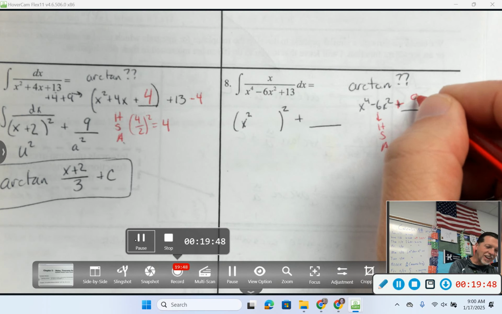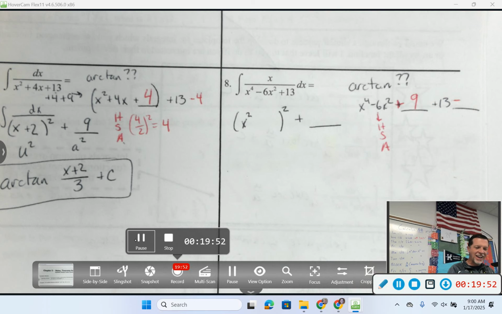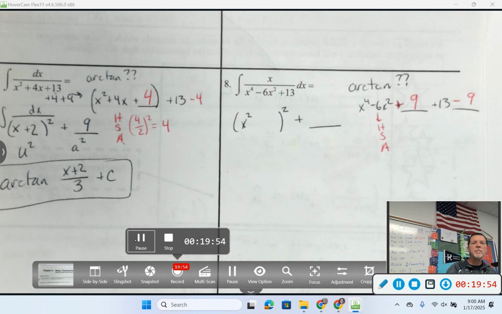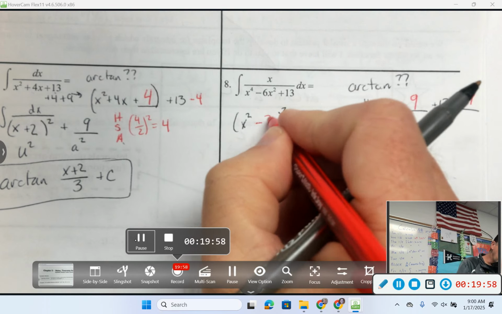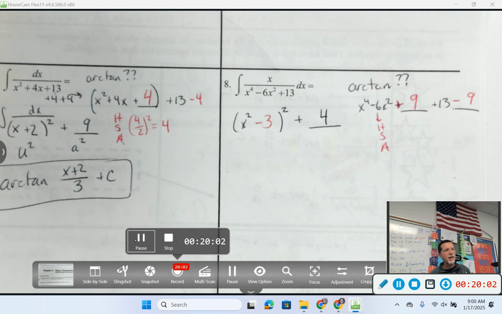Half of 6 is 3. 3 squared is 9. So this is x squared minus 3 in there, and then a plus 4 on the outside, because they just divided it into the two things.